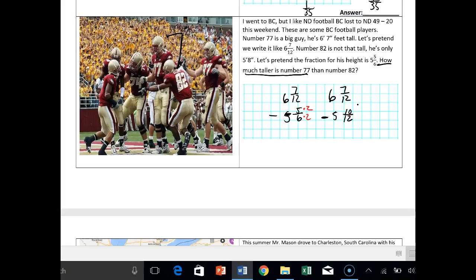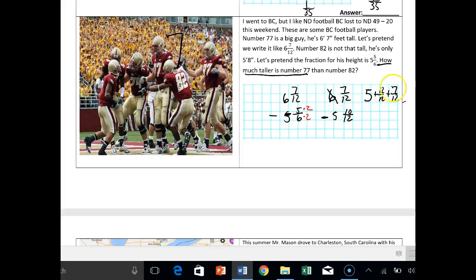So what do I do? I borrow a whole from my whole number here, and the amount of wholes I'm going to borrow is the denominator here. So really this can be broken up into 5 plus 12 over 12 plus 7 over 12. Where did I get the 12 over 12? Well, that's just one whole, right? And 5 plus 1 gets 6. So I really haven't changed anything about that number.